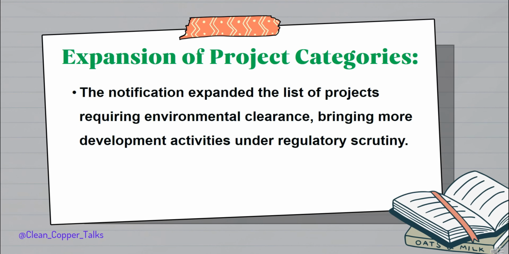Expansion of project categories. The notification expanded the list of projects which required environmental clearance, bringing more development activities under regular scrutiny. Before 2006, there were a limited number of industries which required environmental clearance, which required environmental impact assessment. However, post EIA 2006 rules, the number of industries were increased, the list of projects requiring environmental clearance were increased, and now more development activities required regulatory scrutiny.